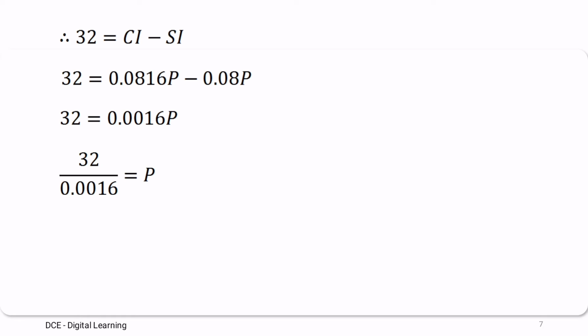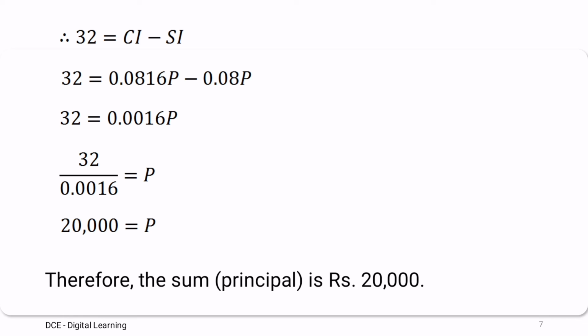So when you bring it from the right hand side to the left hand side, the multiplication sign is replaced by a division sign. So 32 divided by 0.0016 equals P. P is rupees 20,000. Therefore the principal or the sum borrowed is rupees 20,000.